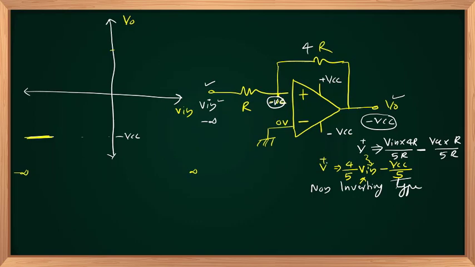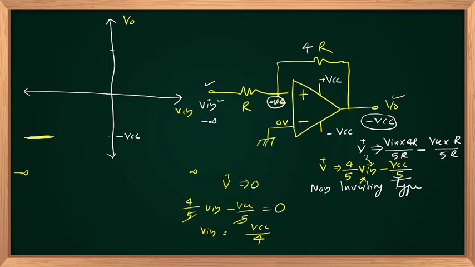So to make V plus equal to 0, you can equate your equation, that is 4 by 5 V in minus VCC by 5 equal to 0, which implies V in is equal to VCC by 4, as the 5 gets cancelled. Right?